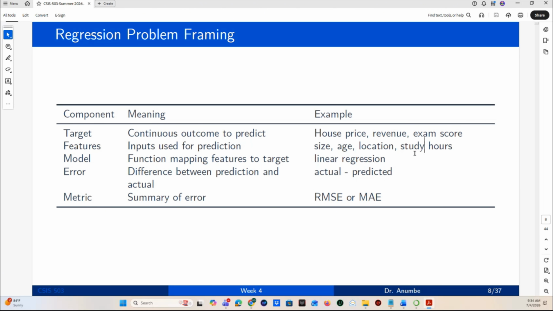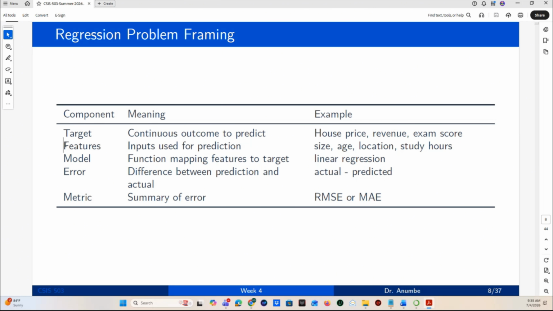I need all of those inputs to build a model that can help me predict the exam score of everyone in that class. If I can gather data about everybody, some of these things might not be relevant, but the important thing is that they are all features. I gather all of that information, then I go into feature engineering to extract the things that are predictive of exam score.